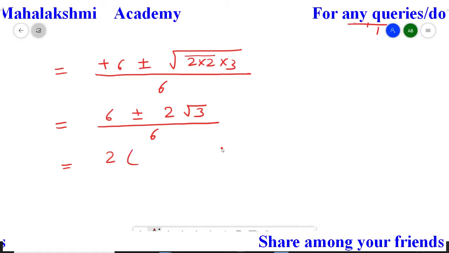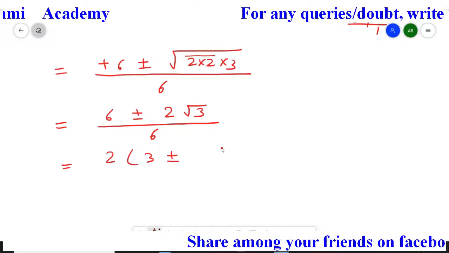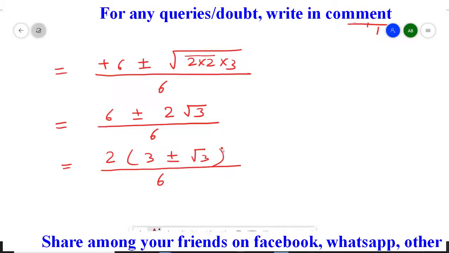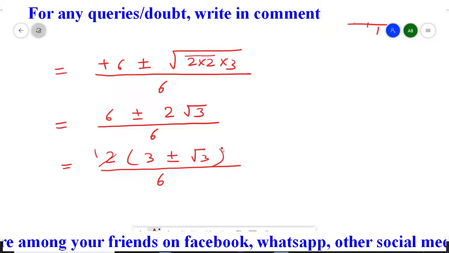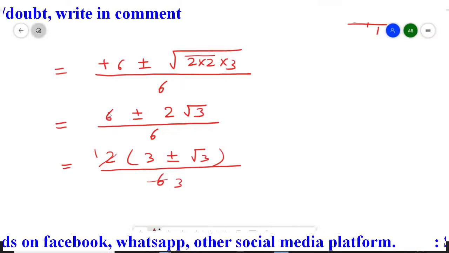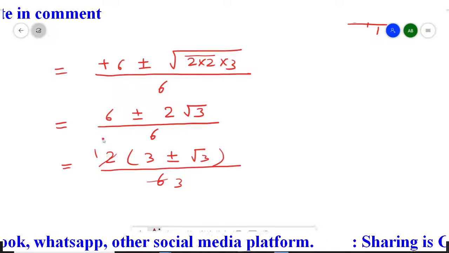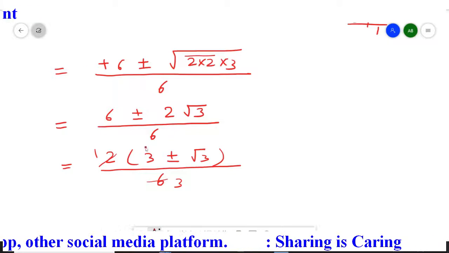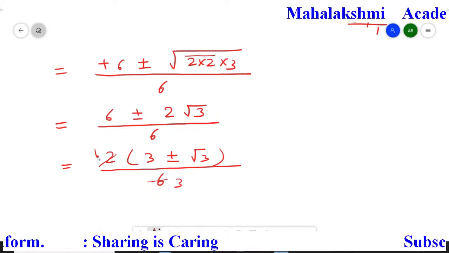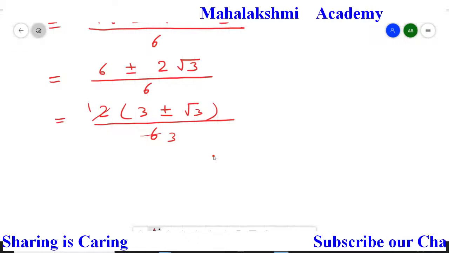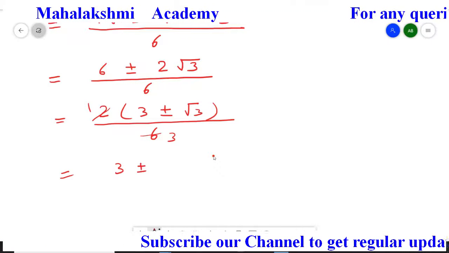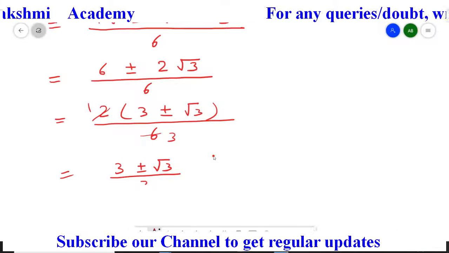When I take 2 common, we get 3 plus minus root 3 upon 6. From this 6 and 2 I took 2 common. So 2 3s are 6 and 2 came outside, so square root of 3 remains and 6 in the denominator as it is, then by 2 I cancelled. So we are left with only 3 plus minus square root of 3 upon 3.